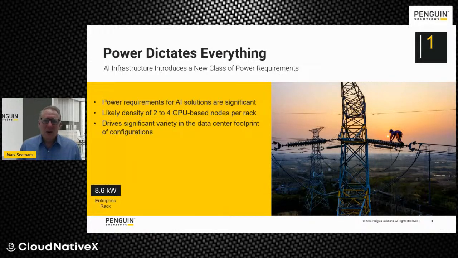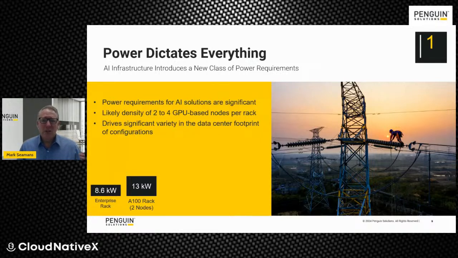As we entered the era, even a generation ago, of these AI processors, powering a rack, even if it just had two of these AI nodes in it, consumed 13 kilowatts, or maybe a little bit more than that.